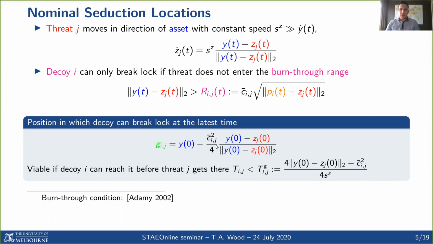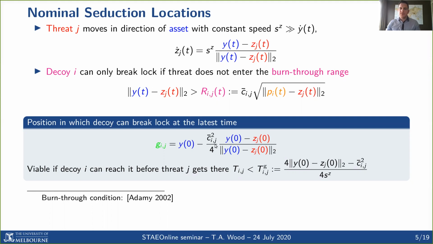So we can actually find a closed form solution of which point on this line between the threat and the asset will remain valid for seducing the threat the longest. So there is this closed form solution.